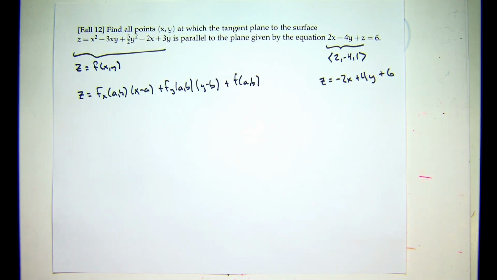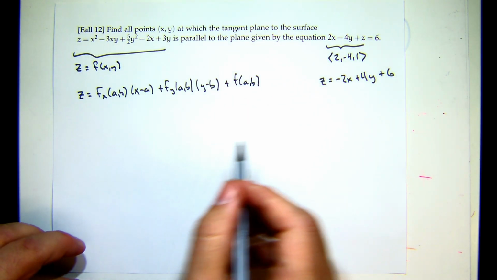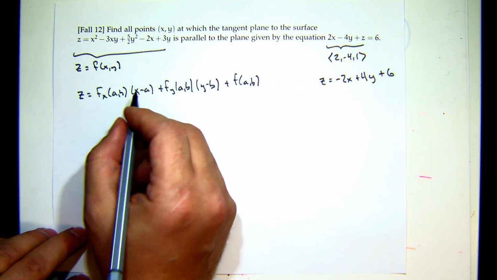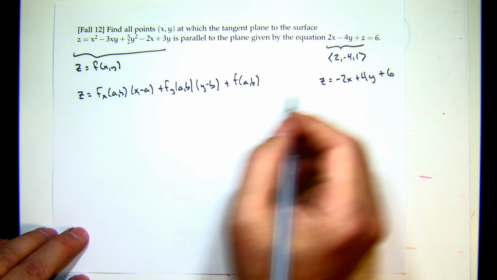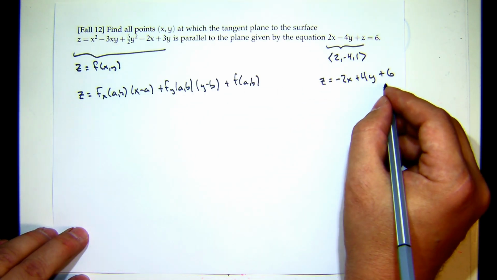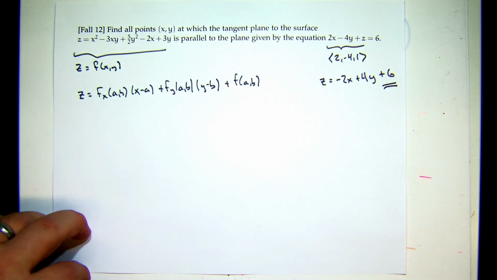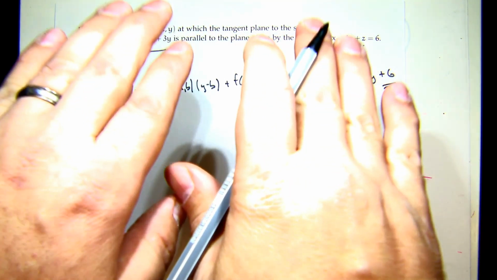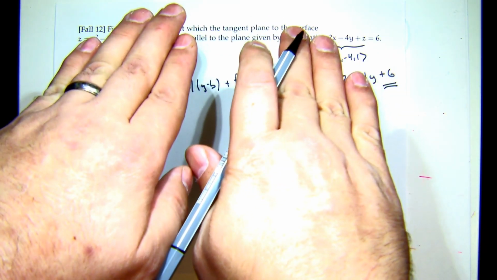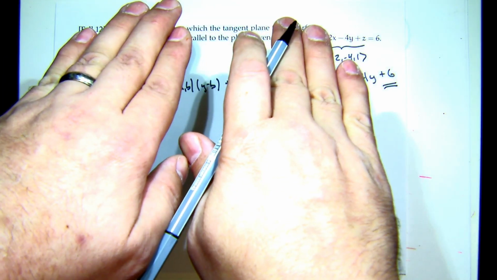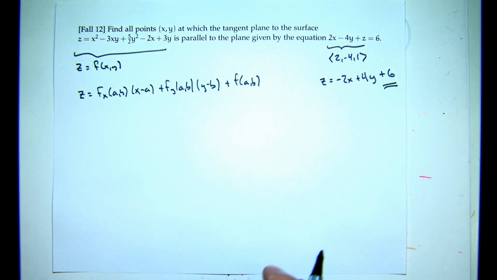But now, if I really think about what's happening here, I say, here I have z equals, here I have z equals. So what I need to make sure, this plus 6 doesn't change the tilt of the plane. So essentially, this constant, if I change this 6 to a 7, I'm still parallel. I'm just moving it up or moving it down.